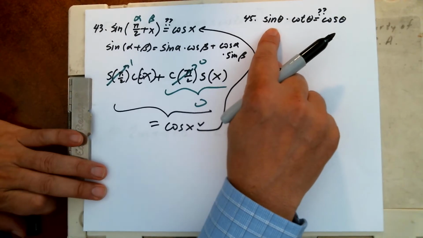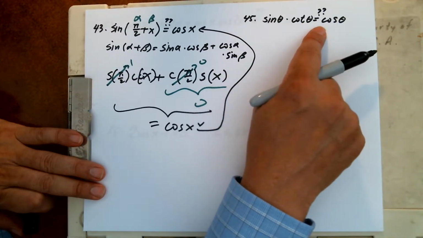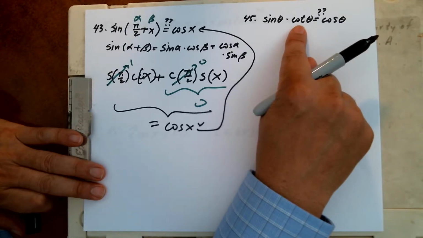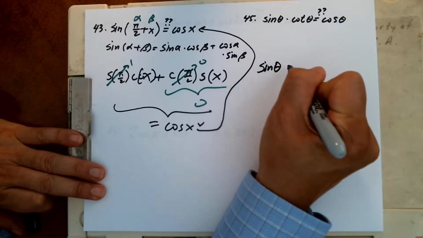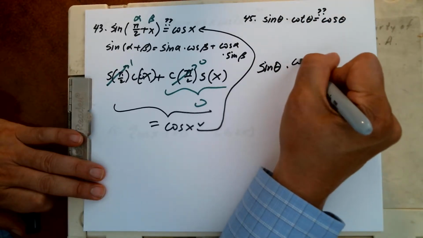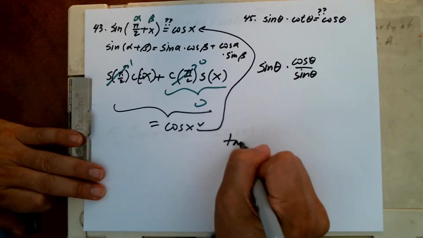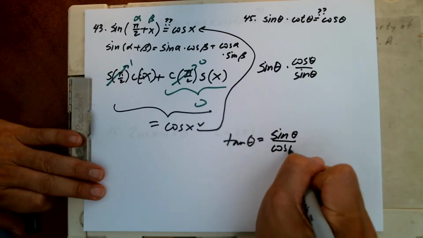What about this guy? Sine of theta times cotangent of theta, does that equal cosine of theta? In this type of situation, what you want to do is take cotangent of theta and change it into sines and cosines. We know that the tangent of theta is equal to sine of theta over cosine of theta.